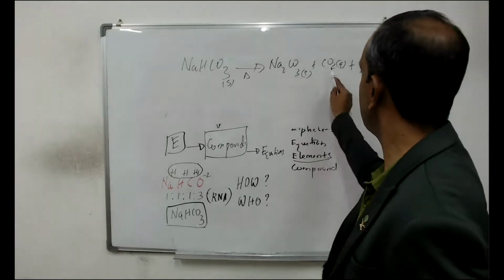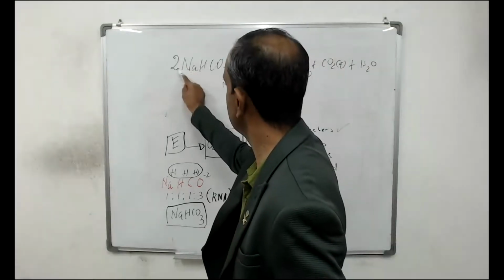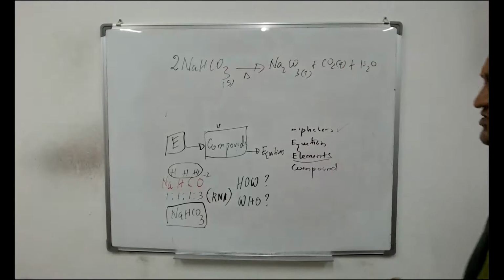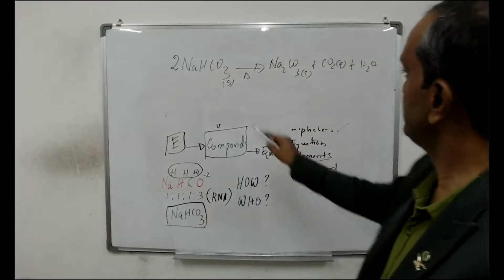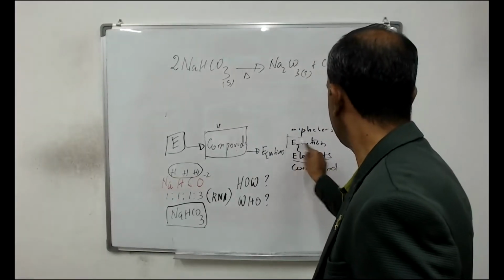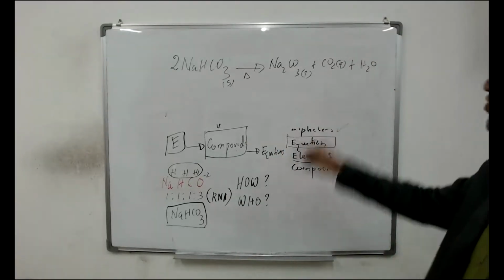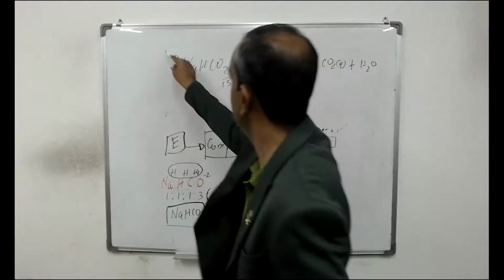It has to be balanced to maintain the law of conservation of mass and atoms. So this is called a chemical equation, quite similar to a meaningful sentence.